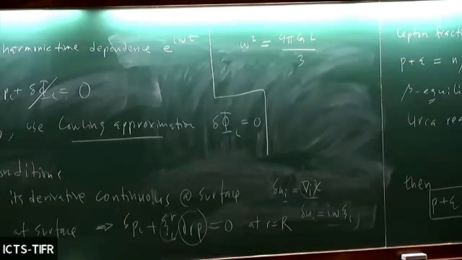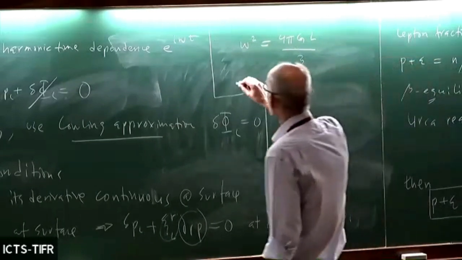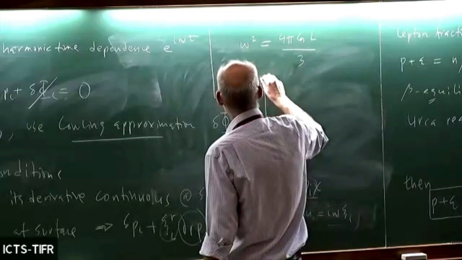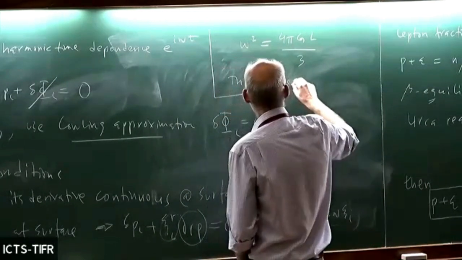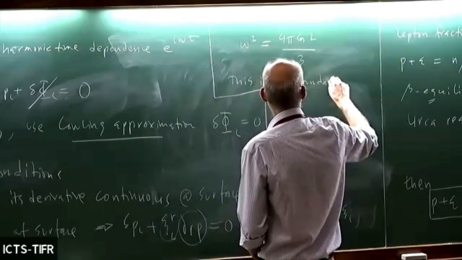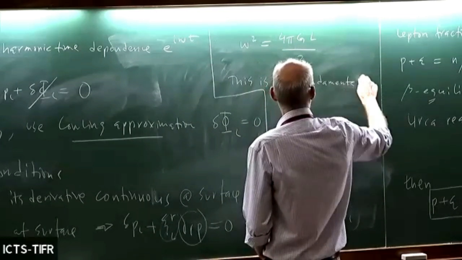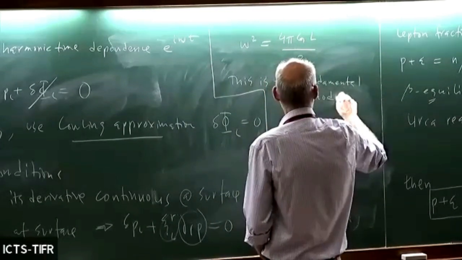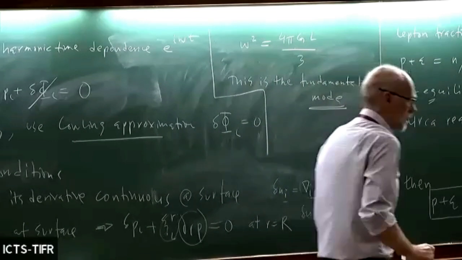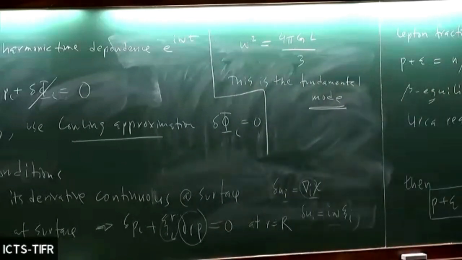But this is really important. This is what we call the fundamental mode. And it is the mode of oscillation of a star that couples the most strongly to gravitational waves.